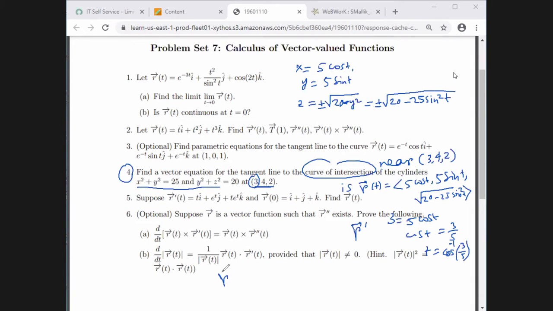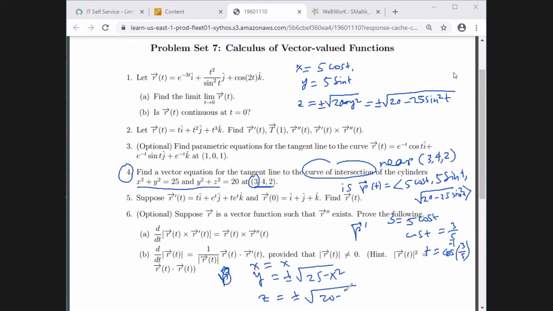So you can write x is x. So y would be what? y is plus or minus the square root of 25 minus x squared, right? x is x and z is plus or minus the square root of 20 minus y squared, right? But y squared is already 25 minus x squared.